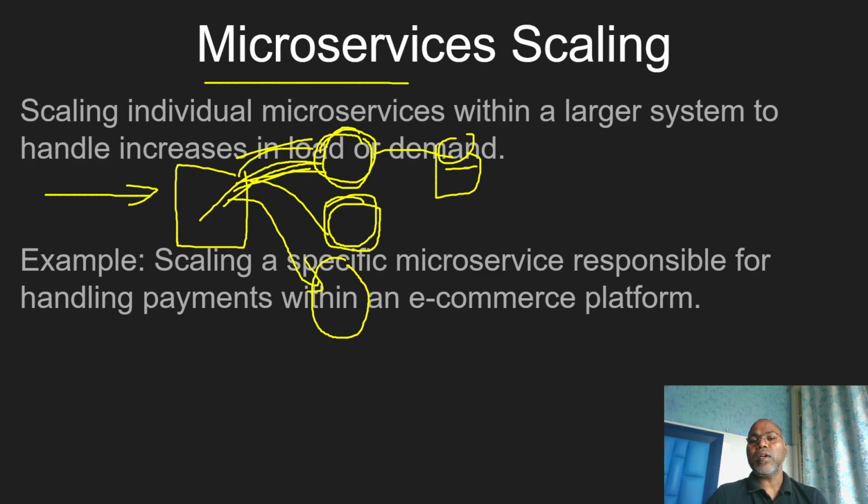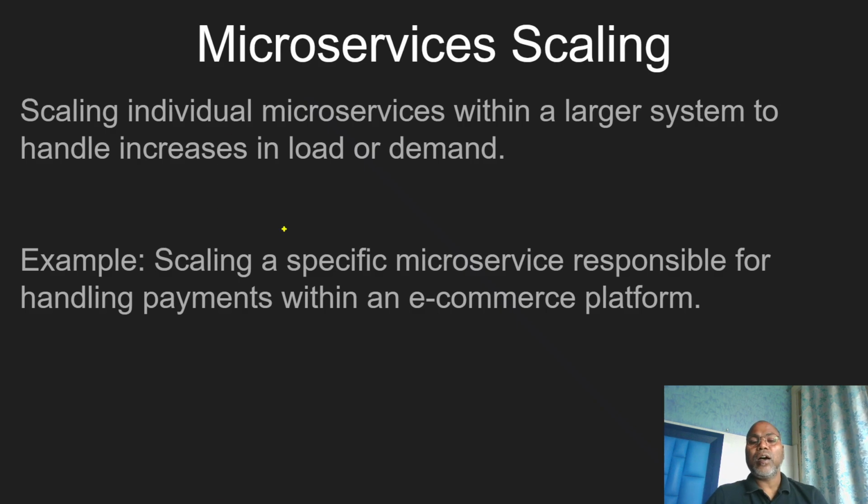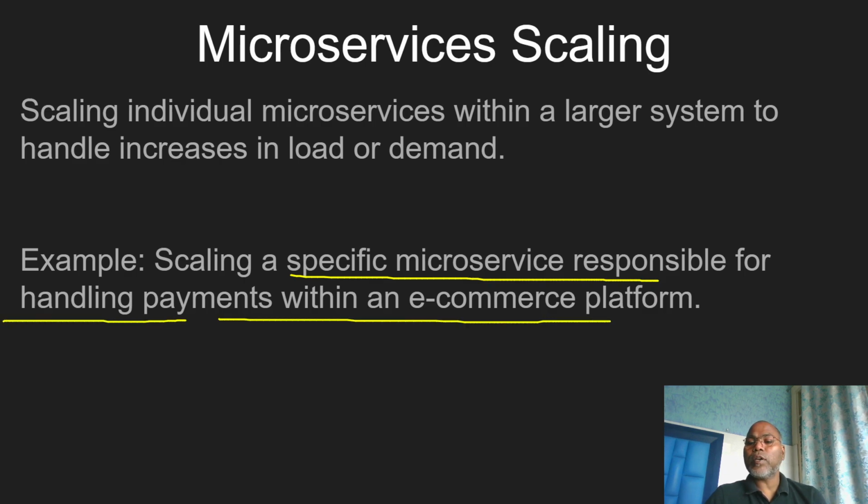The service here provides the business logic. There might be three or four instances of the same microservice. Generally, we scale a specific microservice, for example one responsible for handling payment in an e-commerce platform.